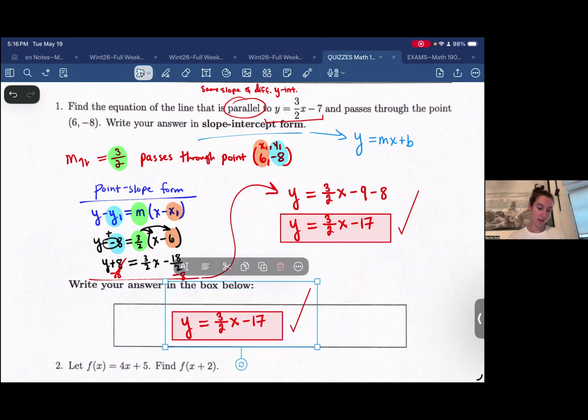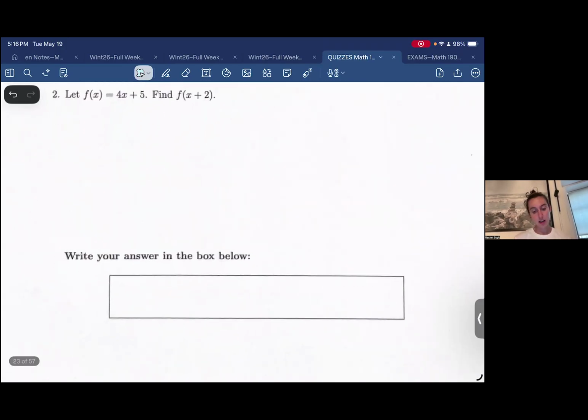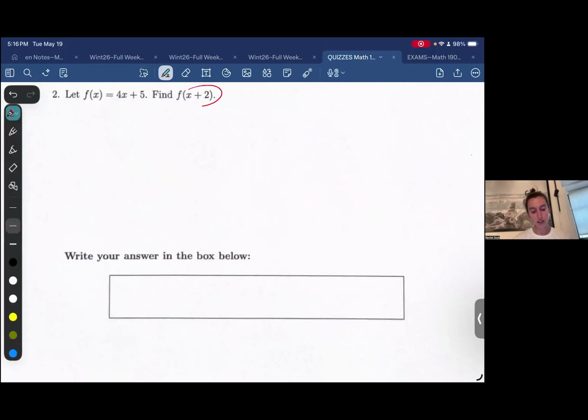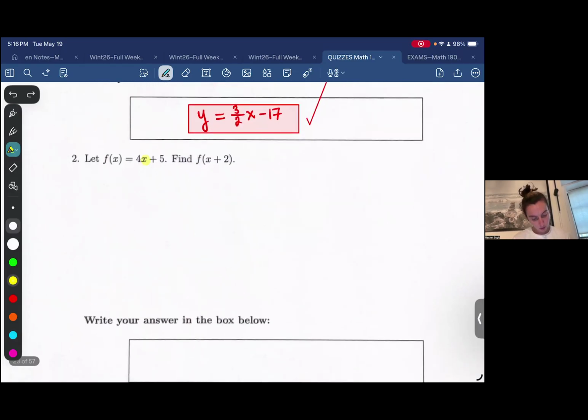Let's go ahead and move on to our second question, where we're being given f of x is equal to 4x plus 5, and we want to find f of x plus 2. So wherever you see an x, we are going to create some parentheses.